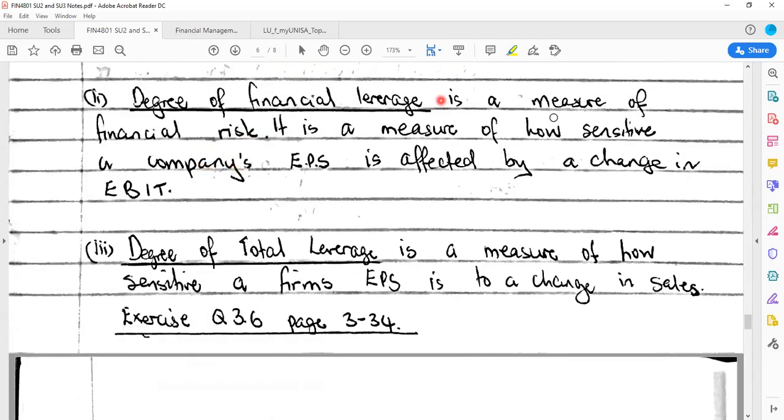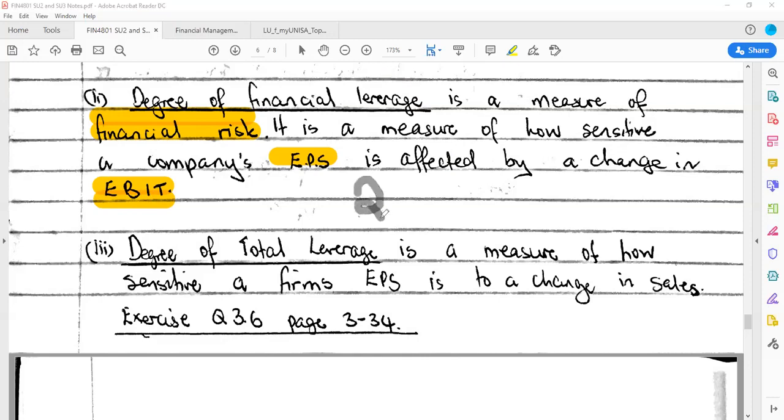The degree of financial leverage is a measure of financial risk. Remember, we talked about what financial risk is. It's the risk of having a lot of fixed interest expenses, and then your sales aren't changing, or your sales aren't as high. So it is a measure of how sensitive a company's earnings per share is affected by a change in the company's EBIT. So the same applies.